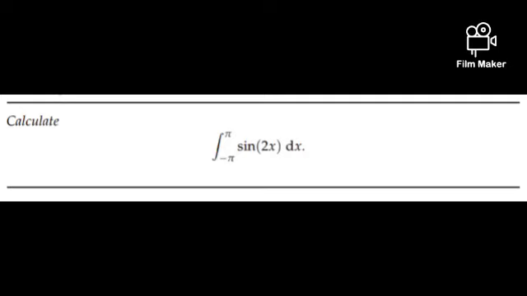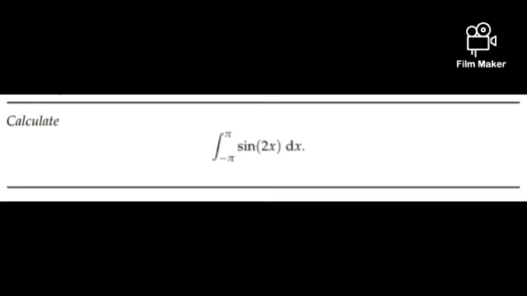This is an example of an exercise, and the instruction to the students is to calculate the definite integral of sine 2x dx, to be evaluated from negative pi to pi.